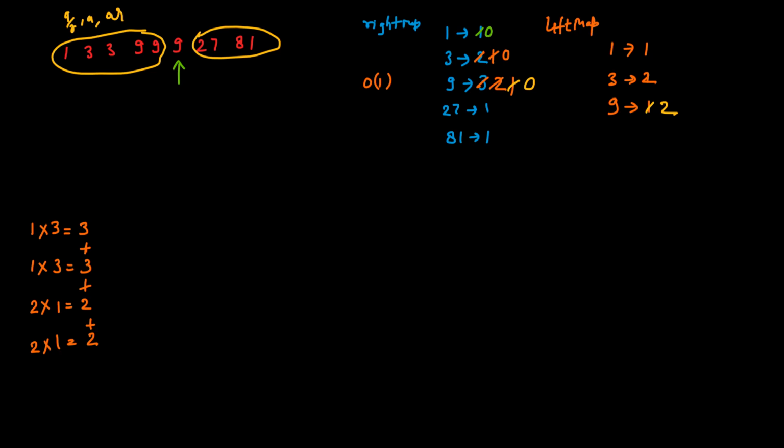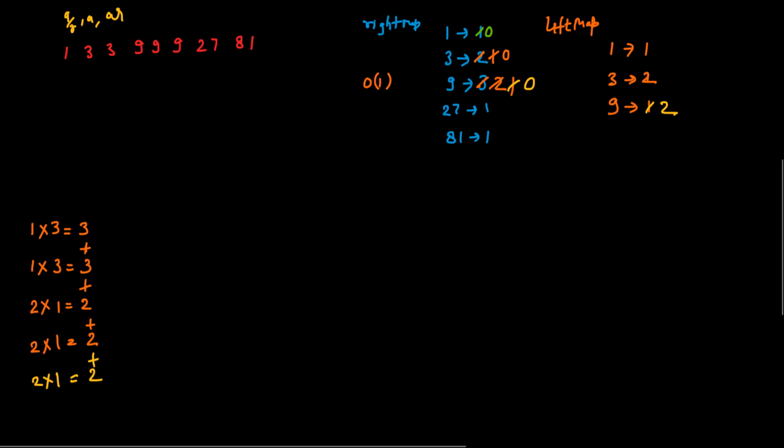So it will be 0 now. So how many A by R are there in the left map? The frequency of 3 will be 2. And how many AR exist here? 27. So the frequency of 27 will be 1. So we'll add this also. So right, we have processed till here. Now we'll move to 27.